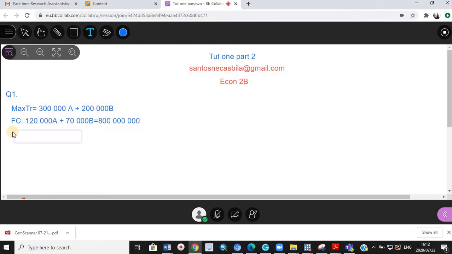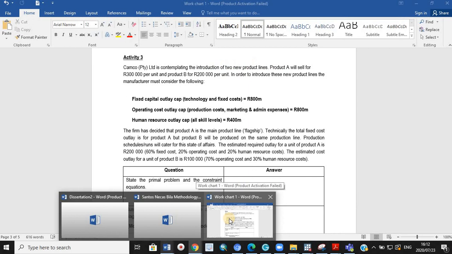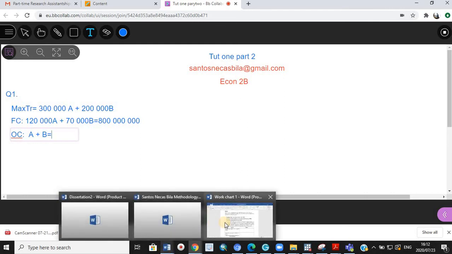The second constraint is operating cost, right? This is the second constraint, and it says also we have A plus B, and it must be equal to the total.